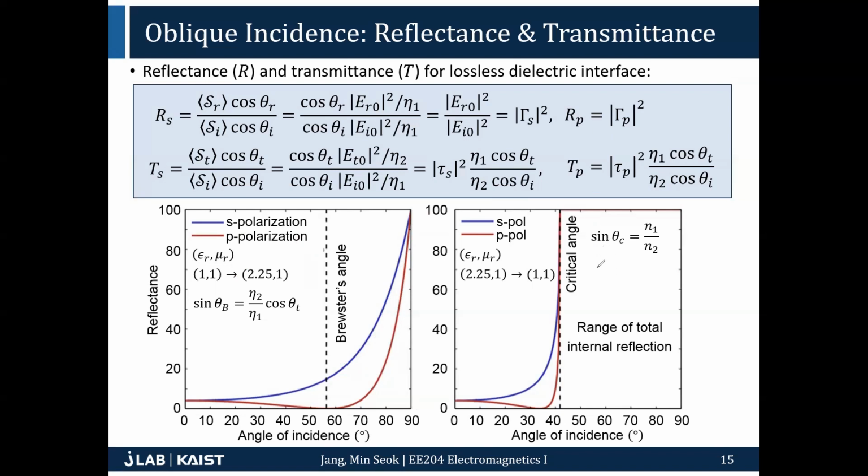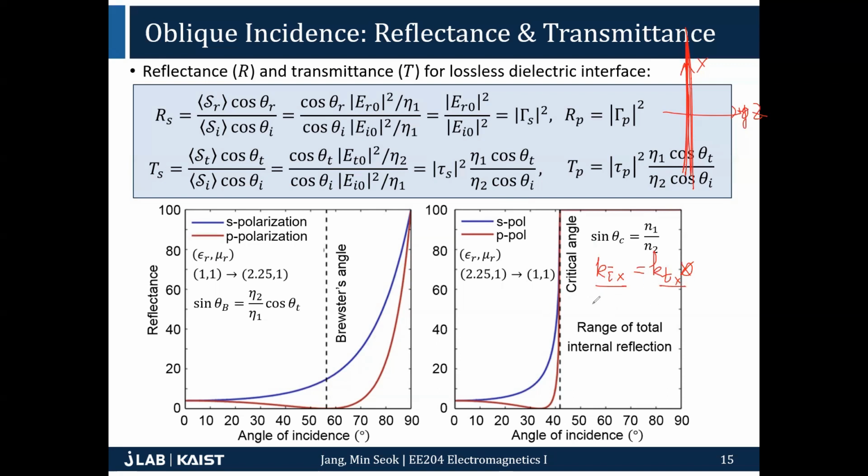Snell's law was introduced because, if this is the X direction and this is the Z direction, and this is the interface, then K incident X is equal to K transmitted X. The X component of the K vectors must be equal. That's how you have Snell's law.